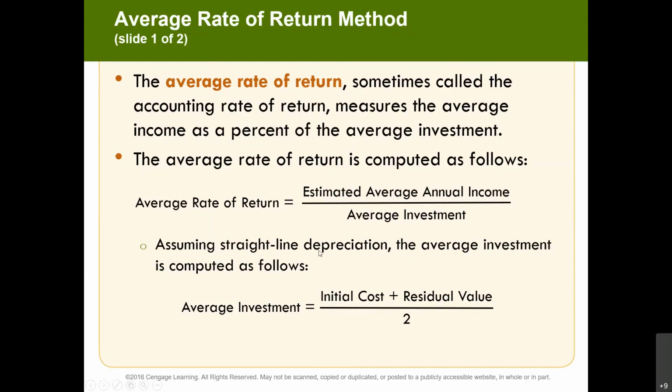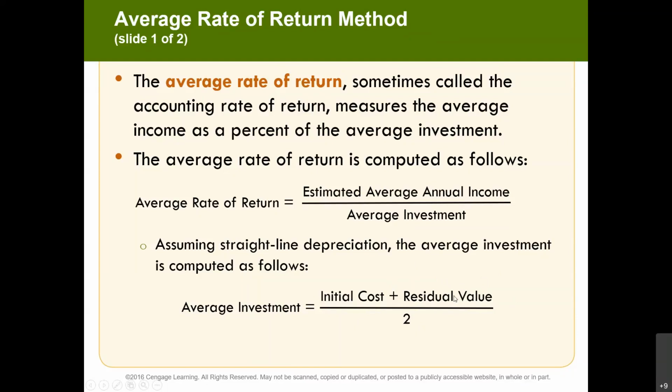Assuming straight line depreciation, which you remember from Accounting 201, hopefully, the average investment is computed by taking the initial cost of the investment plus the residual value from the investment, divided by 2. Why divided by 2? Because there's 2 components here, and to get an average of 2 things, we divide by 2. So the initial cost would be like the initial cost of your machinery plus any residual value, which would result at the end of the useful life of that machinery, divided by 2.